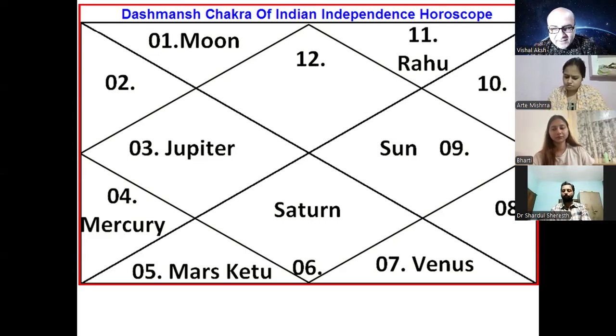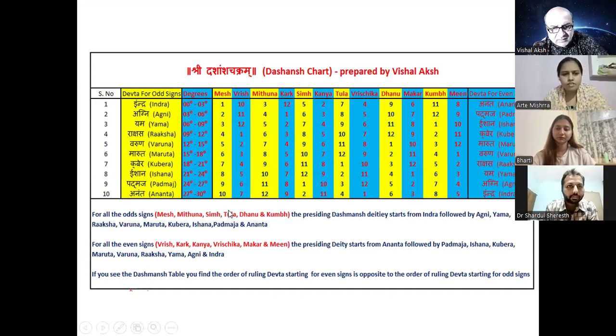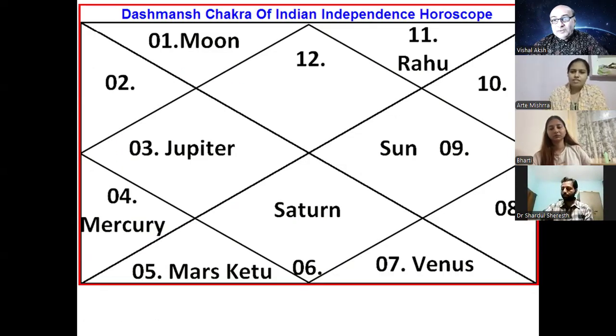How much is the Lagna degree? 7 degrees in Vrish, and I think 30 minutes, I calculated roughly. So in this chakra, Vrish Rashi, 7 degrees means the Lagna Devta is Ishan, not Padmaj.